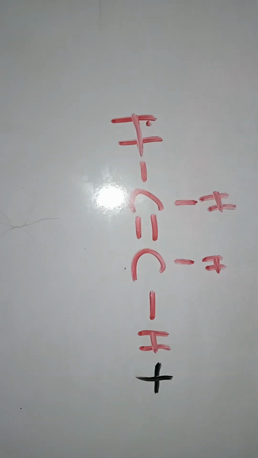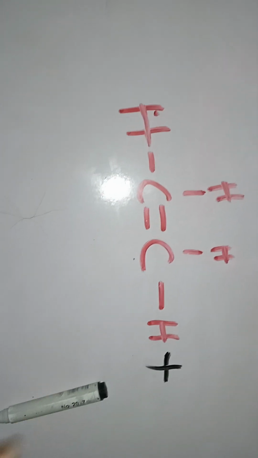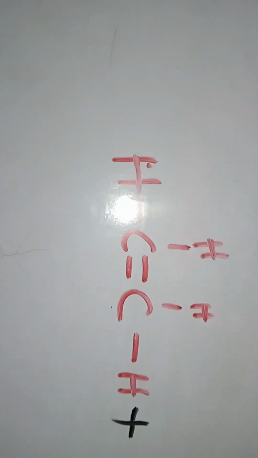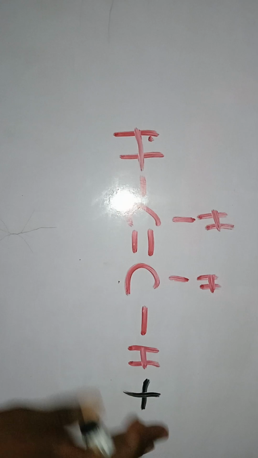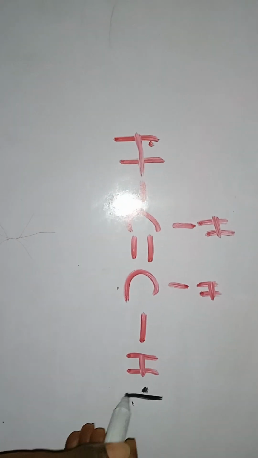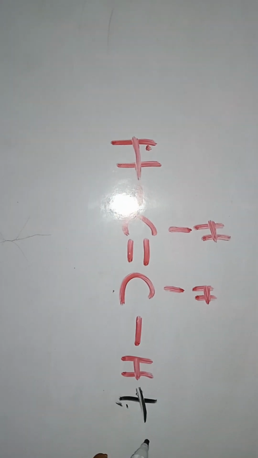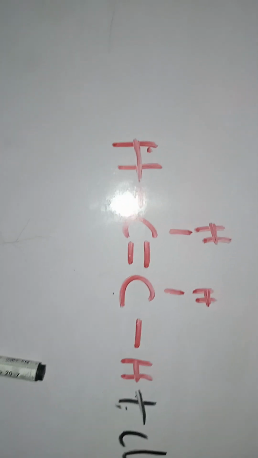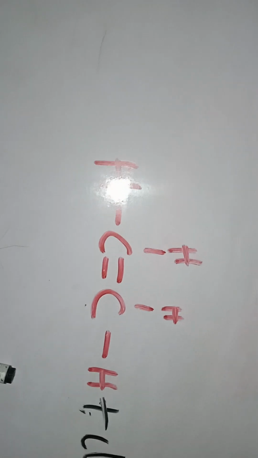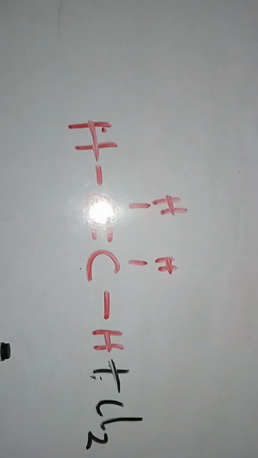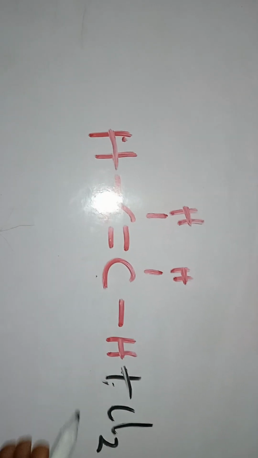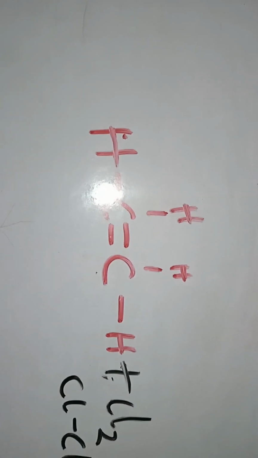And let's say this is plus Cl2. I want you to see the Cl2 as Cl-Cl.